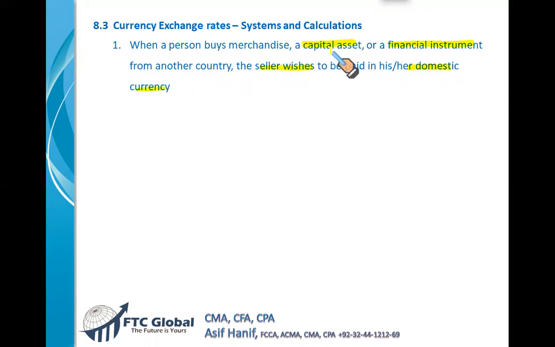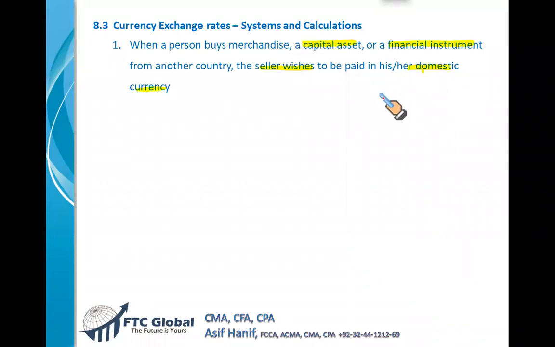Let's say, if you have purchased a machine from an American company, that company wishes to be paid in dollars. Or if you have purchased bonds and shares in the US business, your broker wants the payments in dollars. Clearly, that would be his preference. So then what should I pay? I have to use my local currency, and I will convert that local currency into the foreign currency and only then pay. So let us first define what is exchange rate.